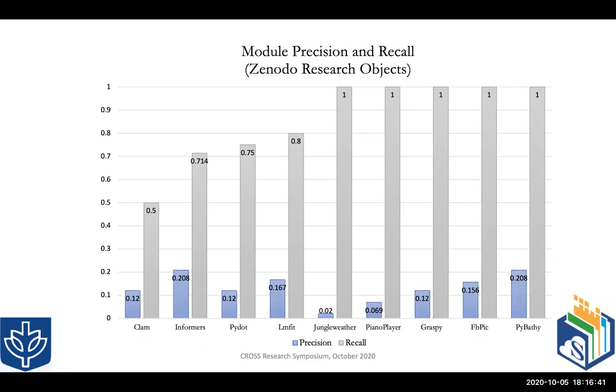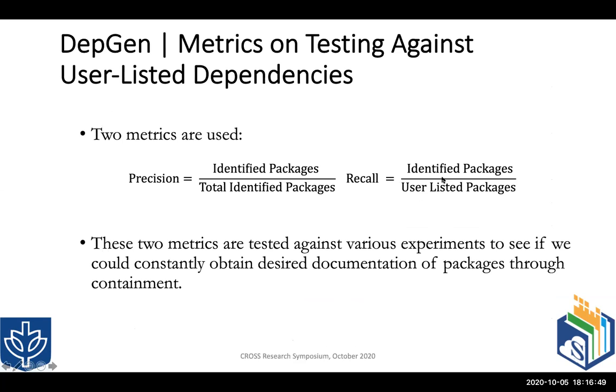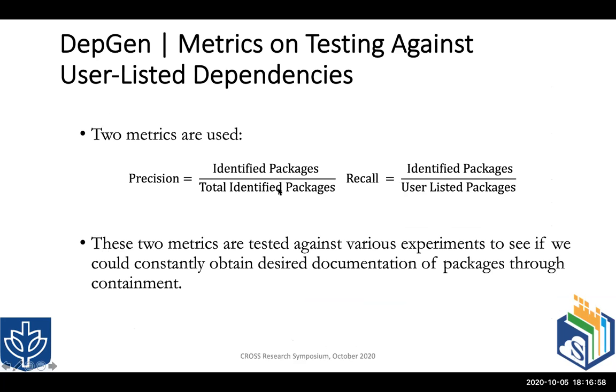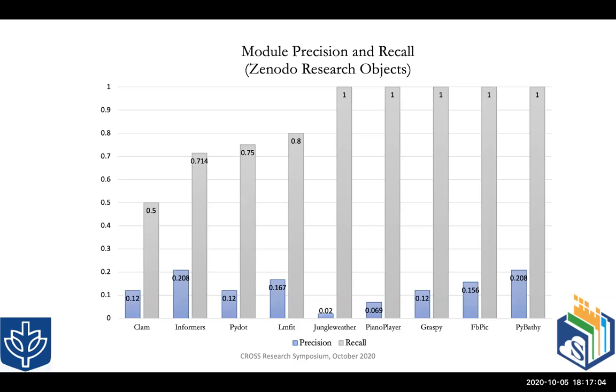Those many packages do not need to be there, because most of the identified packages are essentially sub-packages. So if you look at the precision, the precision is less than 1.